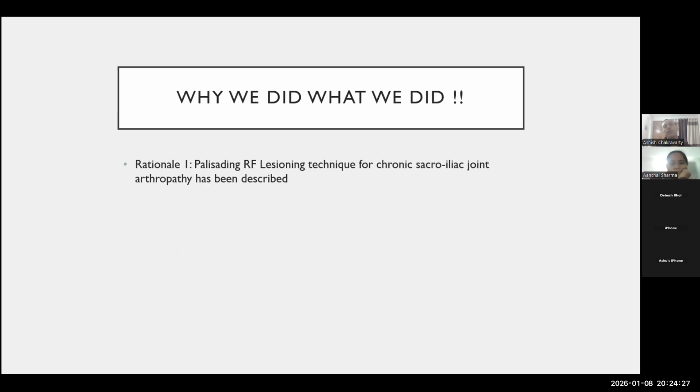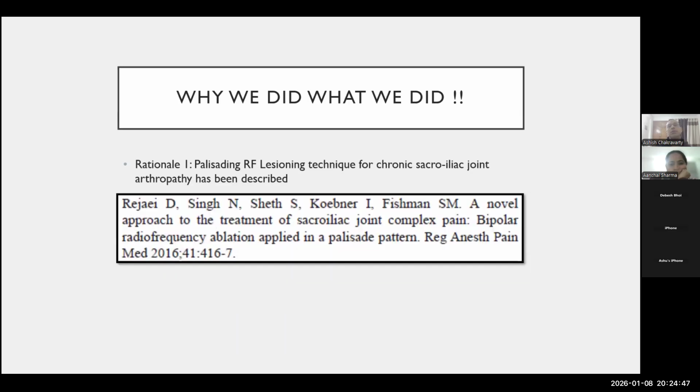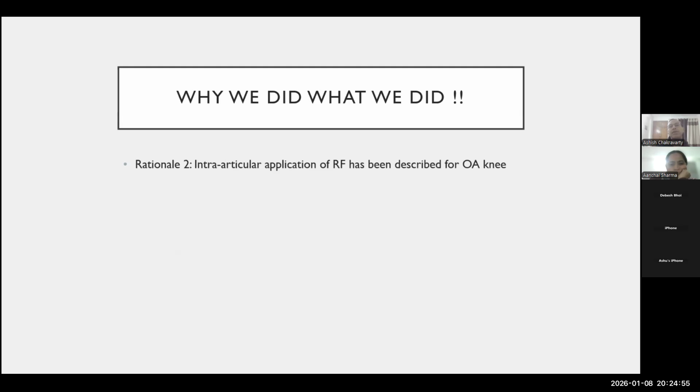So what was the rationale behind whatever we did in our patient? The first rationale came from the popular technique of denervating the sacroiliac joints for chronic sacroiliitis, that is the palisading RF technique, which was described by Rajai et al. The second rationale was that there are some anecdotal case reports about the intra-articular application of radiofrequency, which was described for osteoarthritis knee.